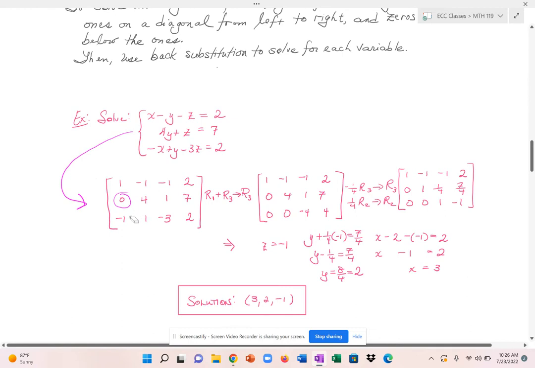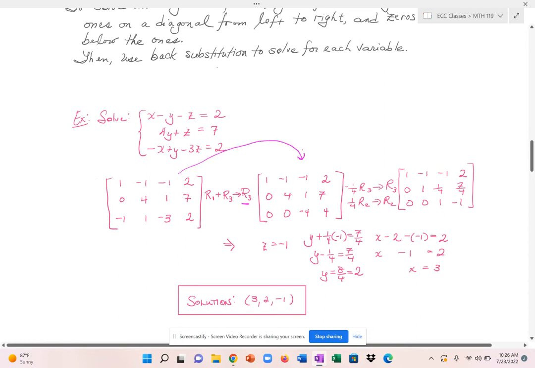So what I decided to do was to add row 1 and row 3. When I add row 1 and row 3 to get a new row 3, this term is going to turn to 0 because negative 1 plus 1 will give me 0. So only row 3 is going to change in the next augmented matrix.